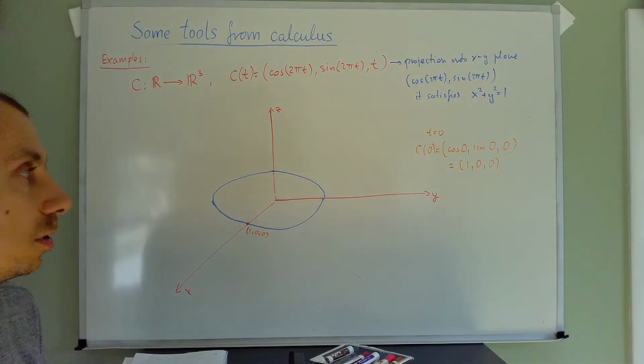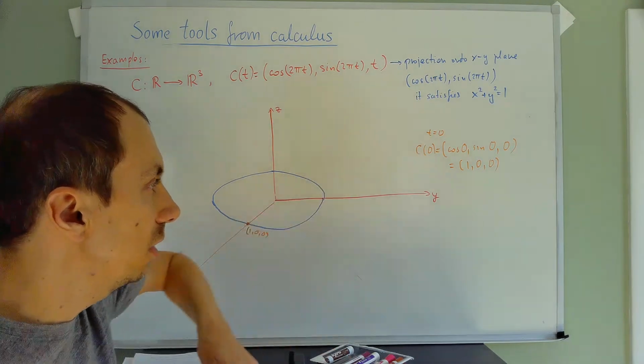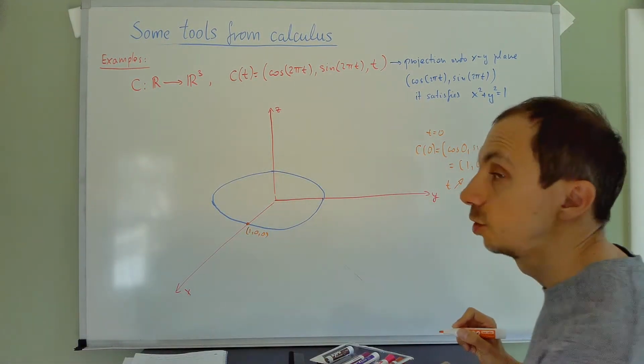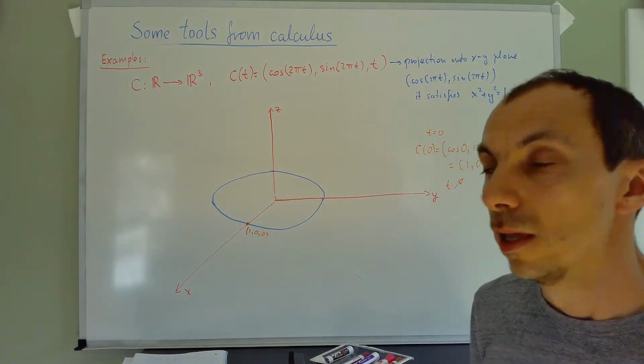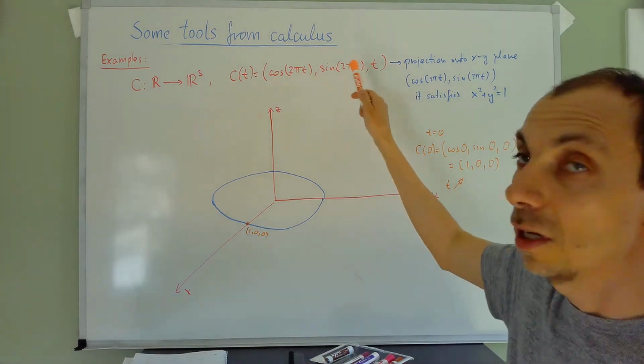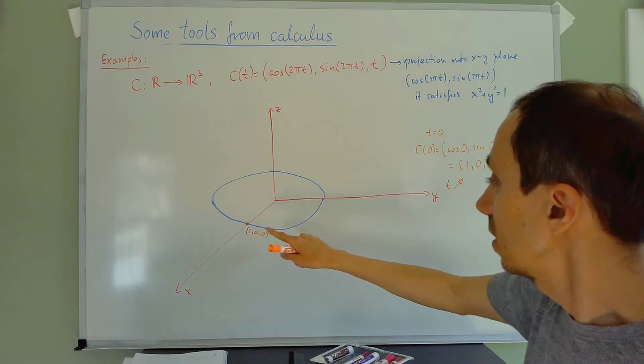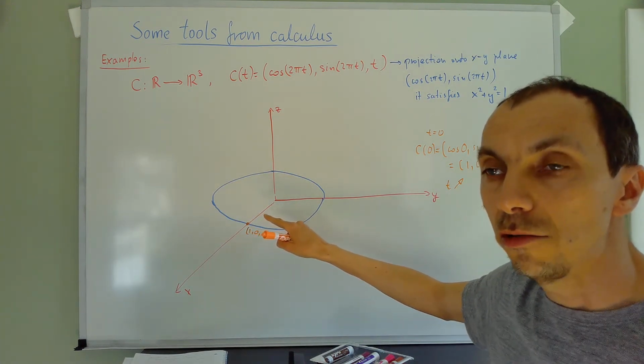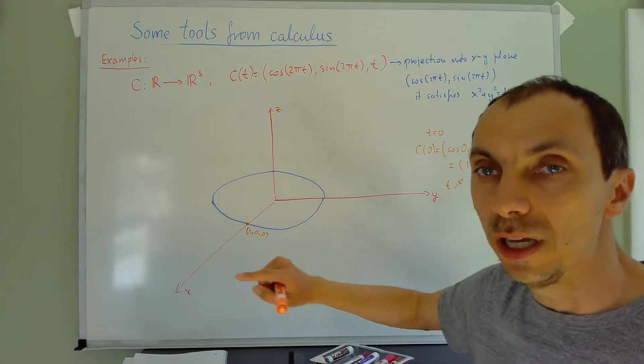What happens afterwards? As t starts increasing into the positive numbers, just slightly bigger than 0, both cosine and sine become positive. So I'm moving on the circle, first in the area of the xy plane where both x and y are positive.